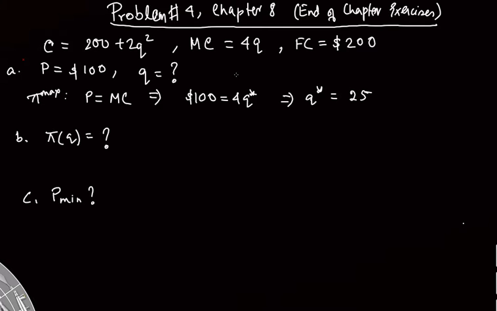Note that both these are in dollars. Marginal cost is in dollars, $100, and so the dollars cancel. So we are just left with the units of output.